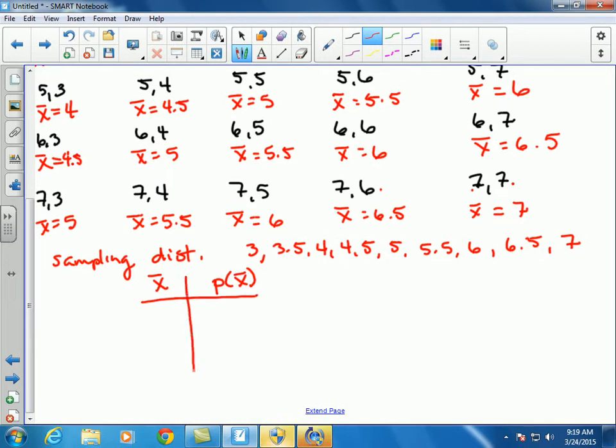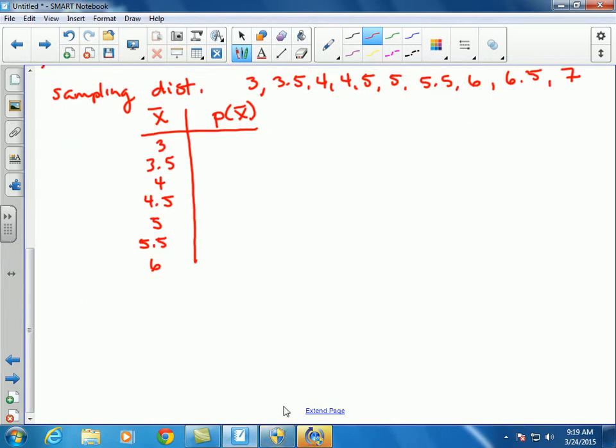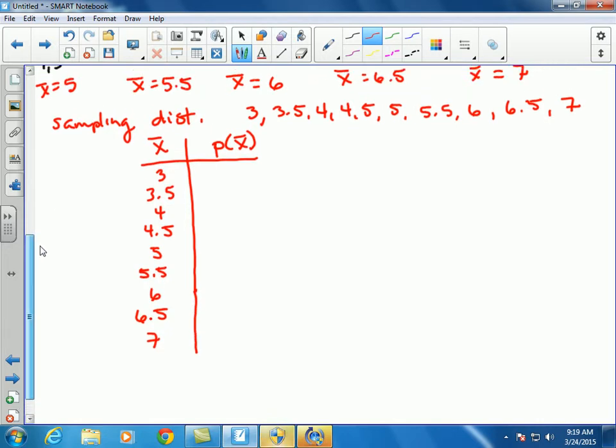The x bars are all those numbers there, which are 3, 3.5, 4, 4.5, 5, 5.5, and then we have 6, and then we have 6.5, and then we have 7, right? And each one has a probability associated with it based on the overall sampling distribution, right?